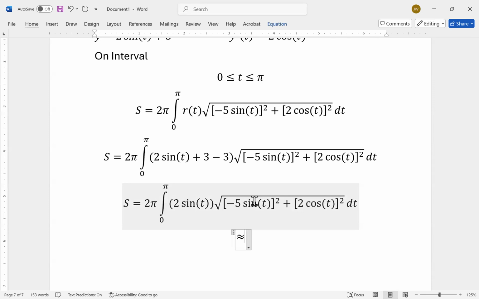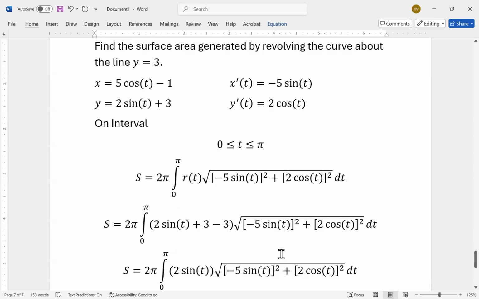But what you would get is about 104.61. So that would be the surface area of this elliptical shape rotated around y equals 3.